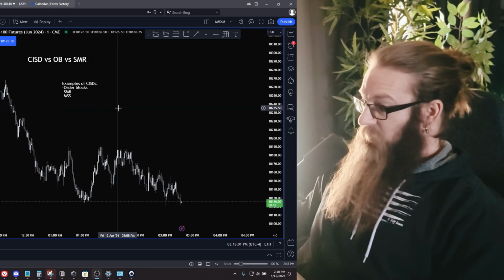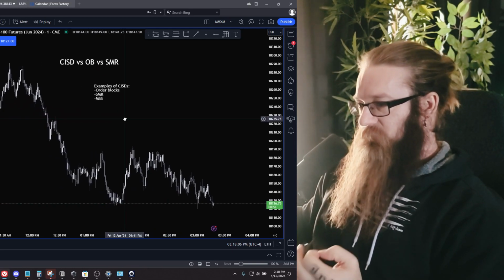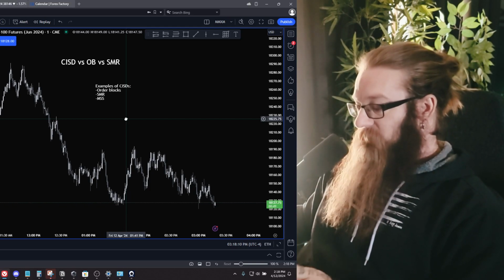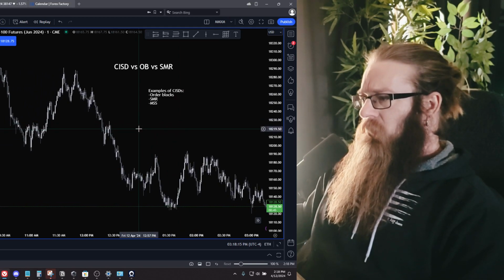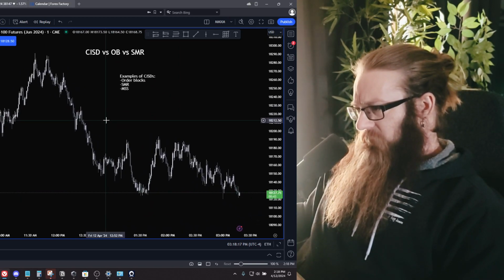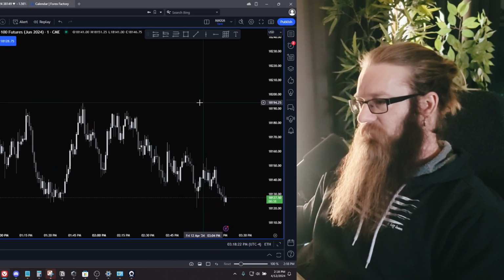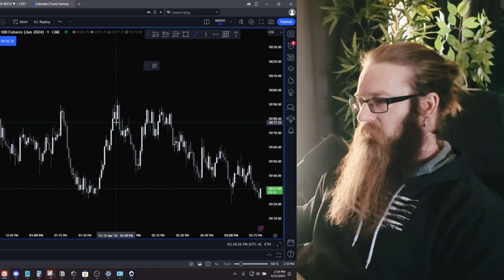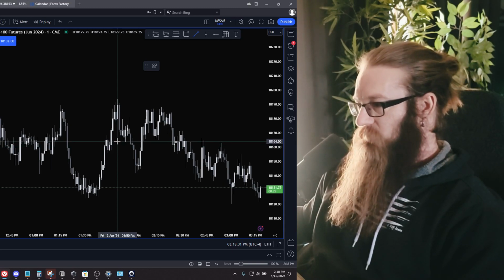Now, what a lot of people are doing, and I understand the need to differentiate, but that's not what it is. So let me see if I can find an example here. So what people are doing is this. Right here, where my vertical cursor line is, goes up through this up close bar.